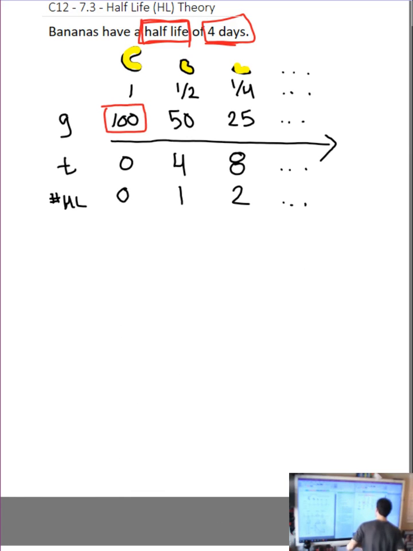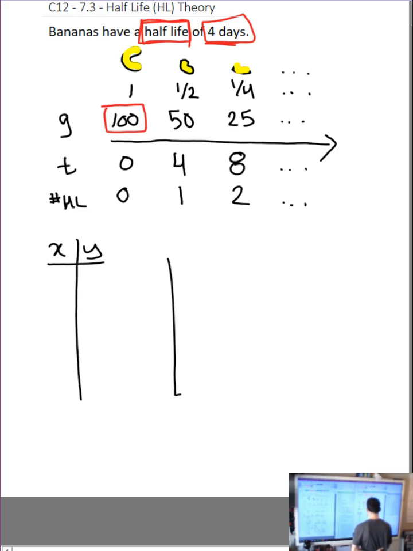So what if I just wanted to graph this thing all by myself? Well, for the first thing we're going to do is remember, how do we graph things? We graph things with a table of values every single time, and I always say x and y. Now I know this is just going to be an L graph from experience, but I'm not working with x, I'm working with time, and I'm not working with y, I'm working with grams.